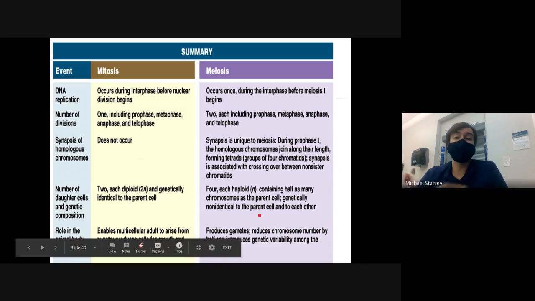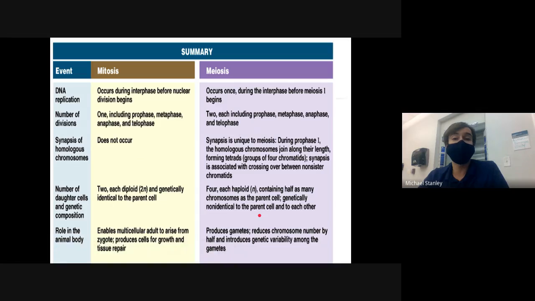And they are not the exact same as each other, so each cell gets a slightly different set of chromosomes thanks to the crossing over where we mix and match, and the independent assortment where we mix around how we split up the chromosomes.